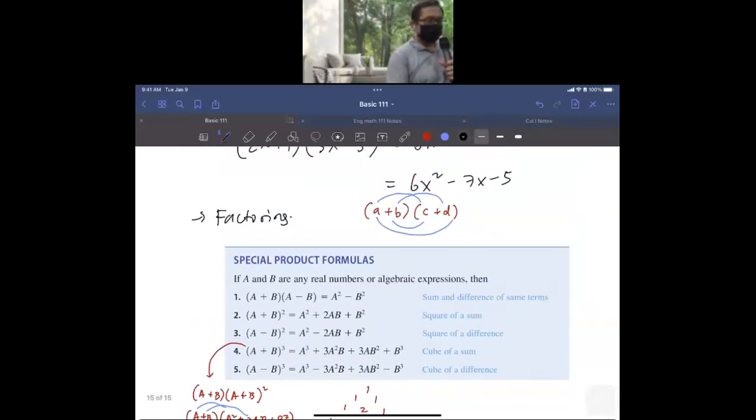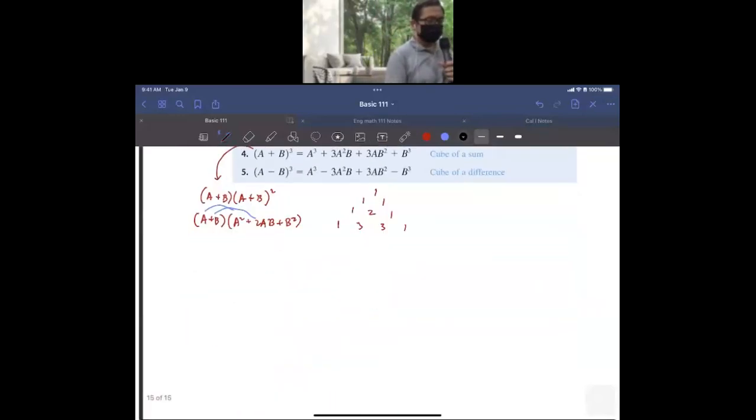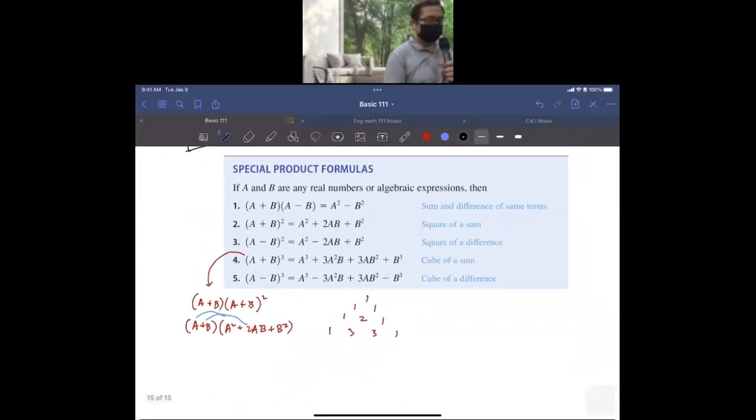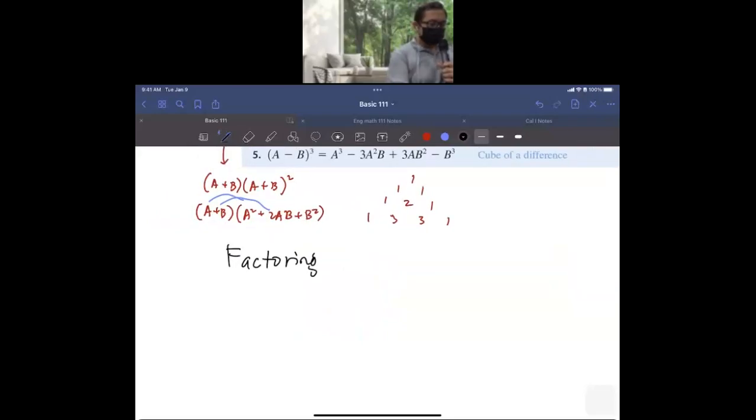Okay. Now, next thing is factoring. I will write at the bottom here, factoring. So practically, if we have a plus b times a minus b, we call this expansion.